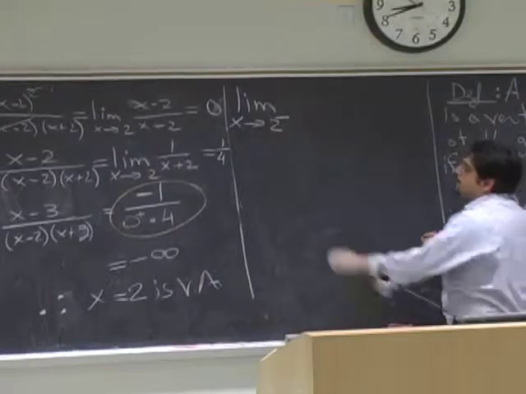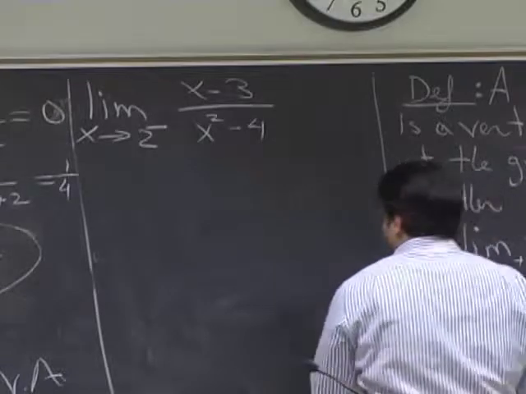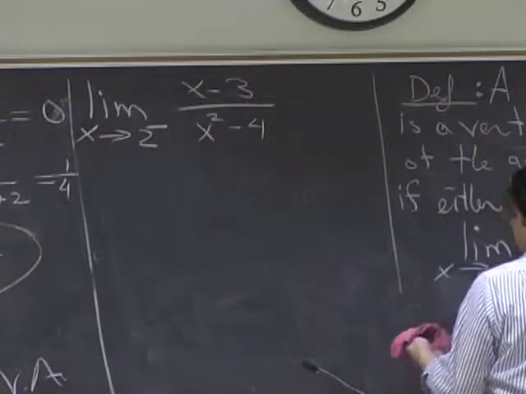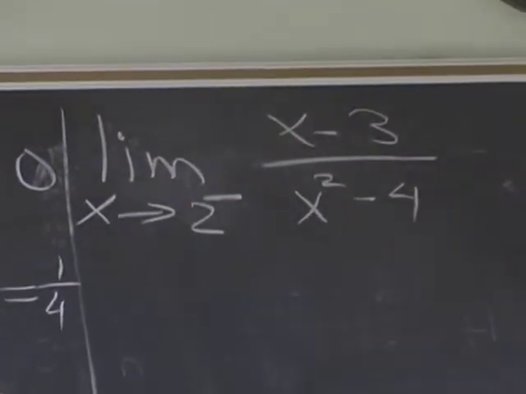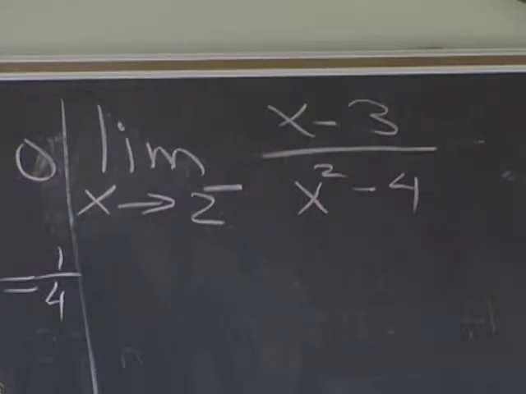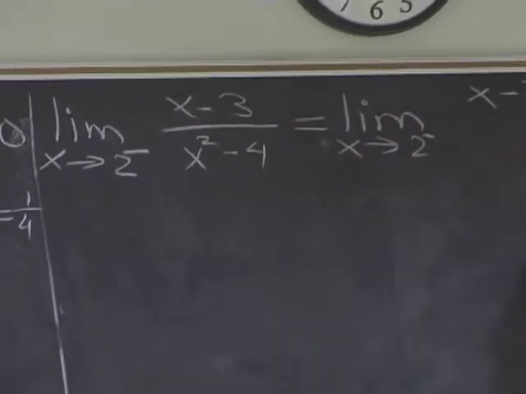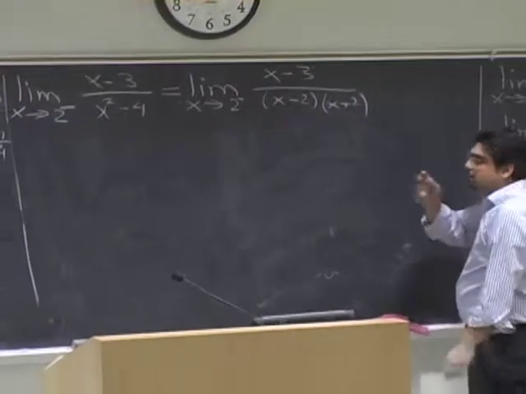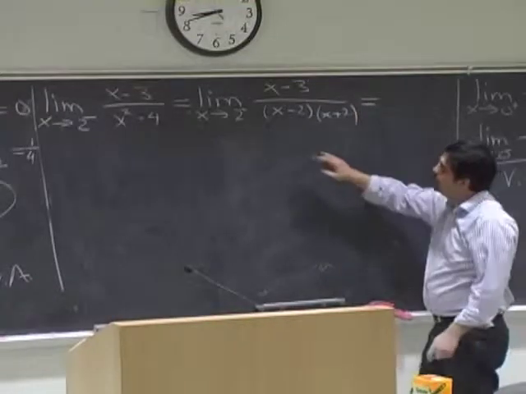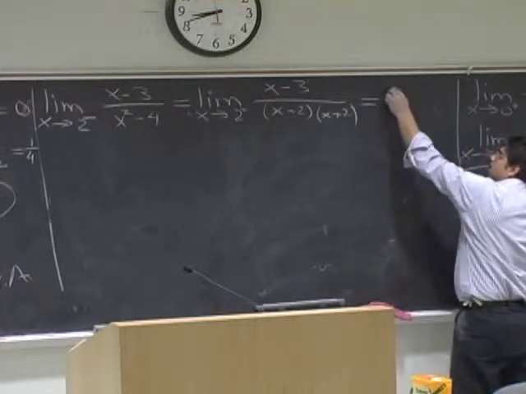Limit as x goes to 2 from the left, x minus 3 over x squared minus 4. So x minus 3 over x minus 2, x plus 2. And let's do a similar type of argument here. When x is near 2, x minus 3 is near negative 1.